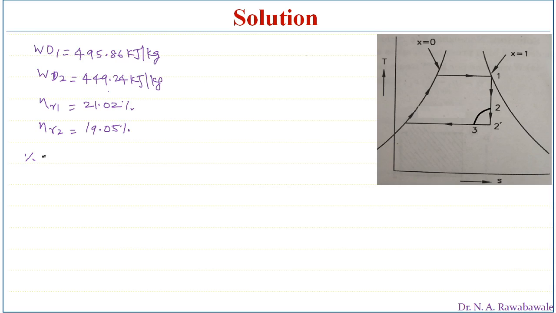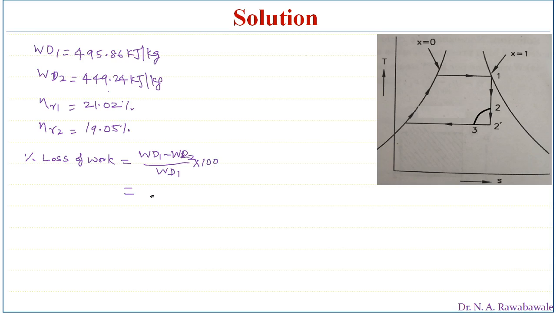Now find out the percentage loss of work: W1 minus W2, divided by W1.